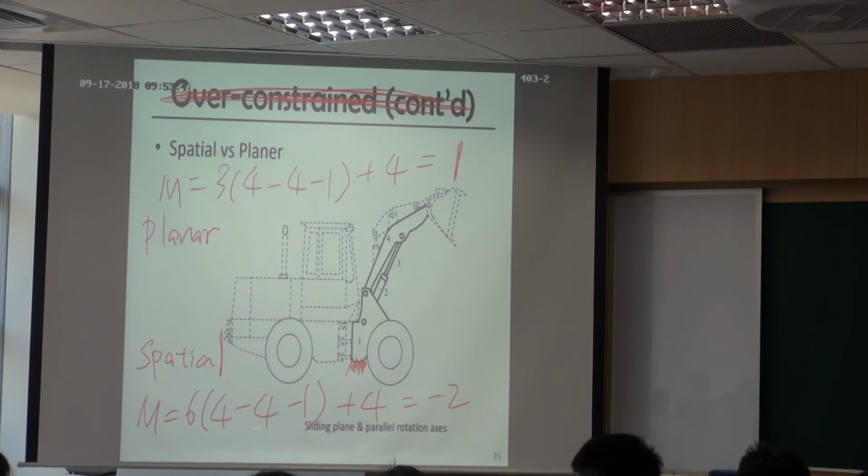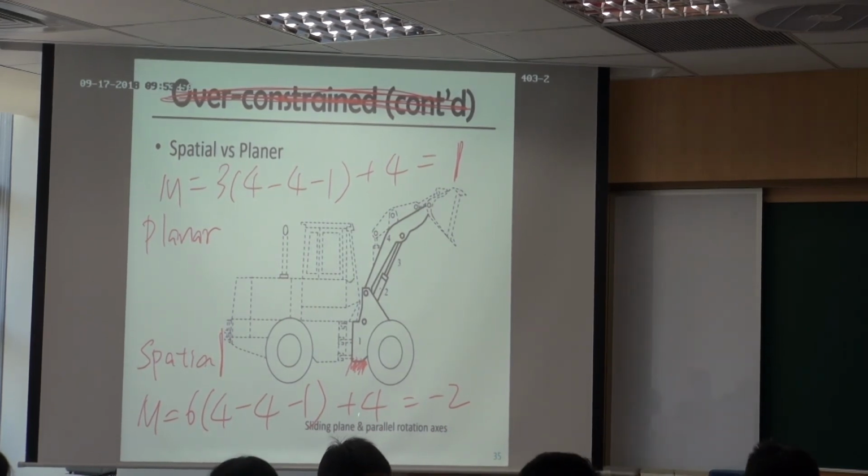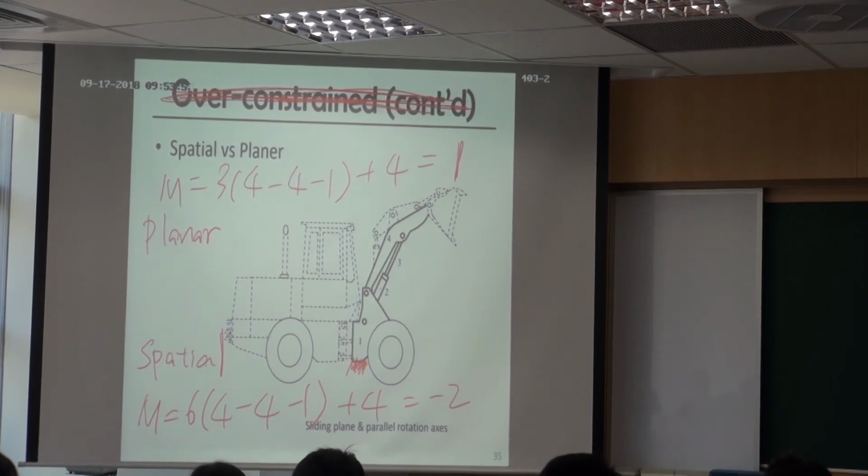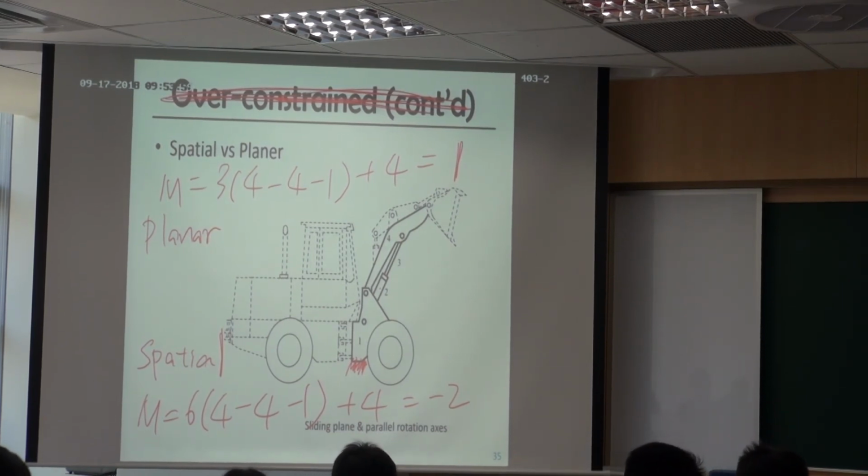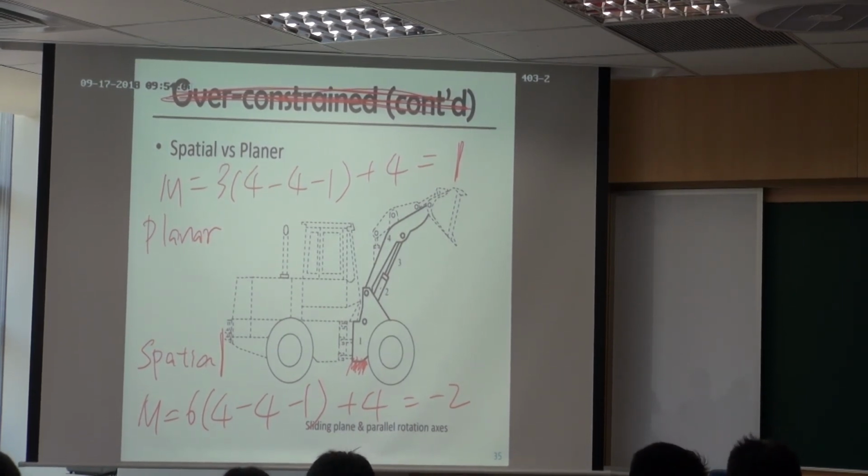And that's why it will cause a different result. But this result is not always wrong. In this special case, yeah, this result is wrong. But in the general case, this result actually is correct.